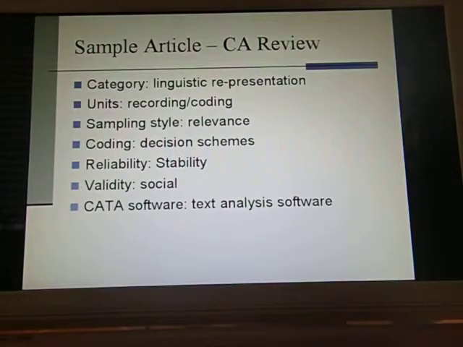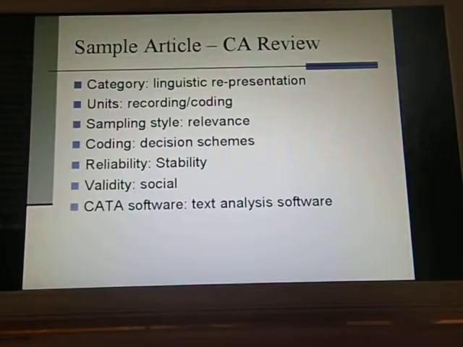And part of why I believe this is relevance is because this analysis was done in Britain, and therefore the DVDs needed to be viewable in Britain, so they had to be Region 2 DVDs. So any DVD that was not Region 2 could not be included in this analysis. So that's part of one of the reasons why we're talking about relevance. And they also picked dates, and they picked that it had to be with the 6 major Hollywood studios. So overall, the sampling style here was relevance.